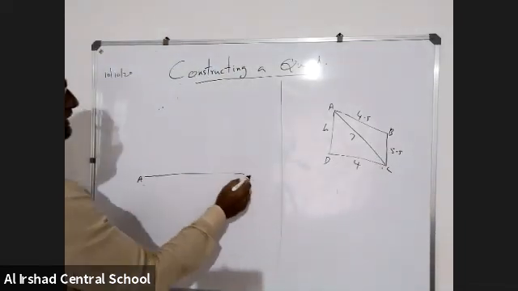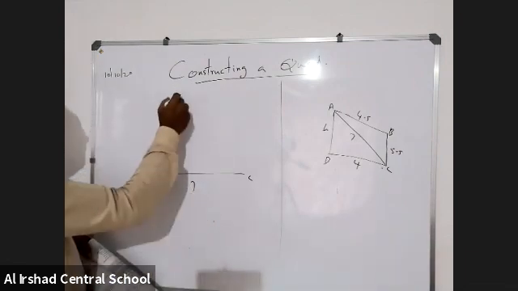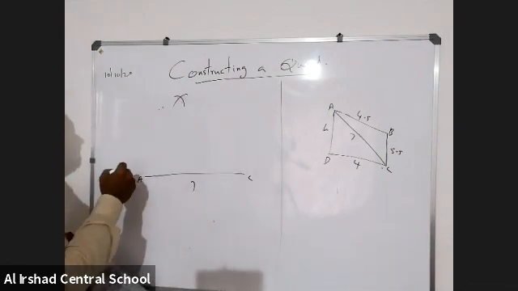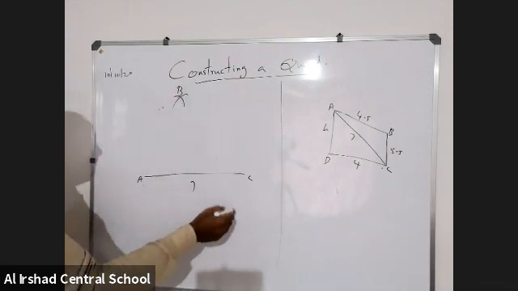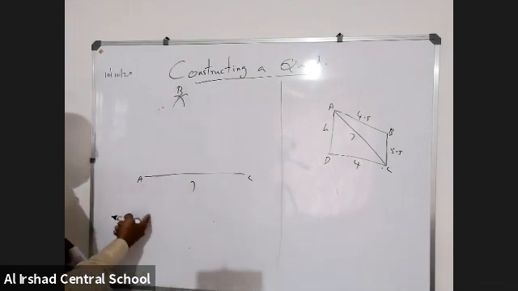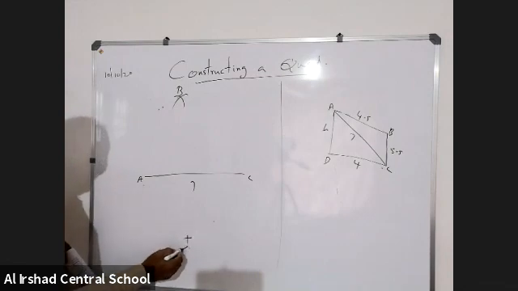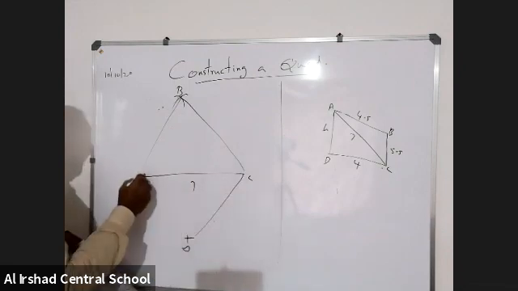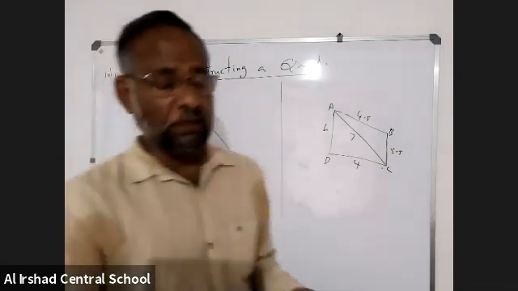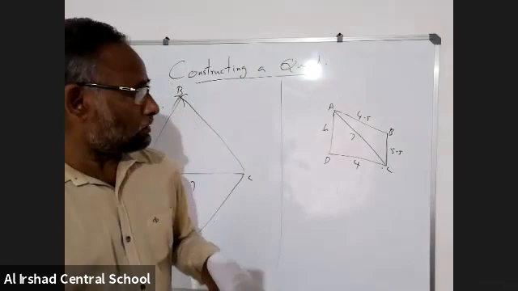AC is 7 centimeter. Now we have A and C here. You get B here, and then from this side you get D here. So no rectangle, no square. Don't confuse.